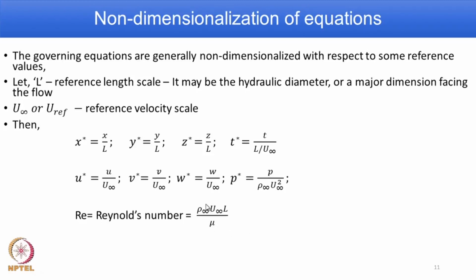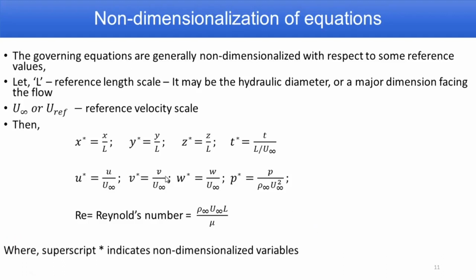Of course, you can define mu over rho infinity also as nu, and Reynolds number becomes u infinity L over nu. So, all the star quantities are non-dimensionalized variables.